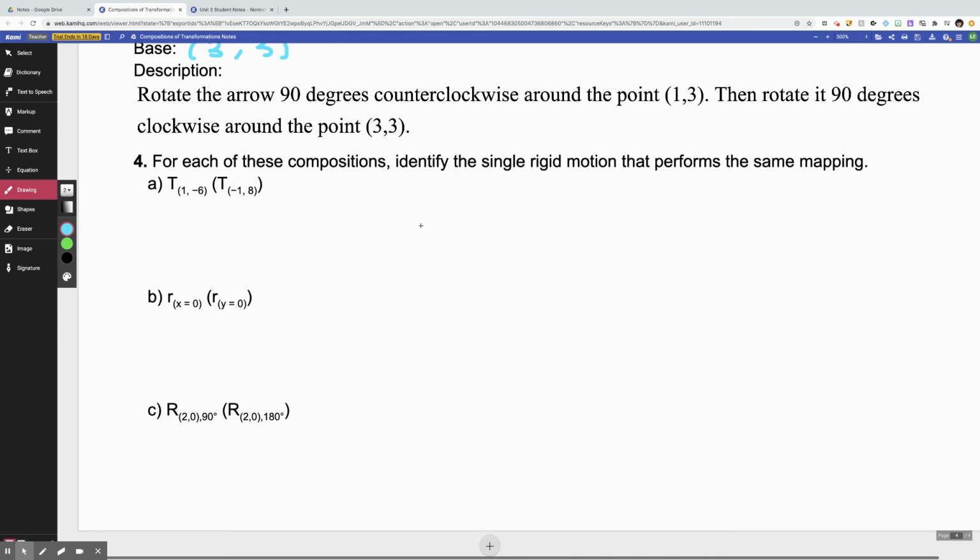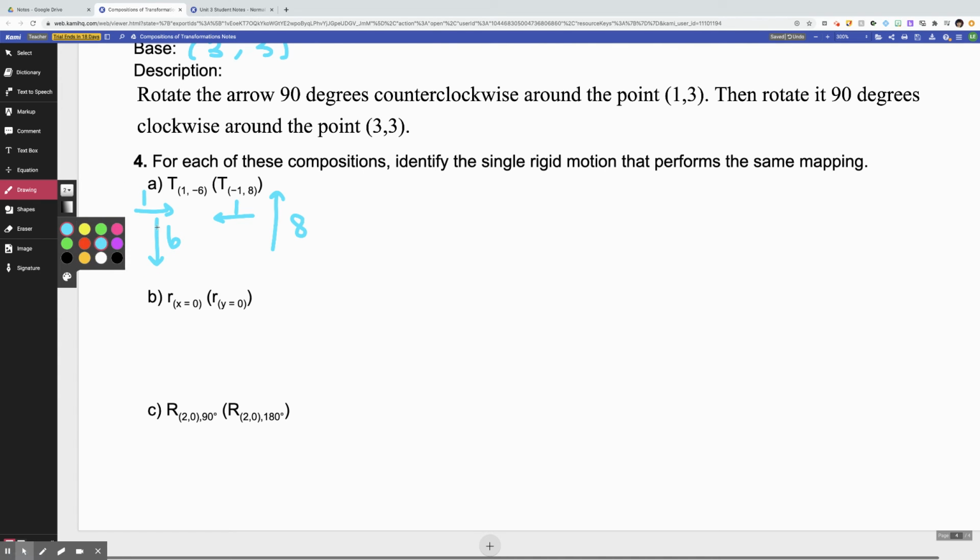Notice that in this first translation, I'm moving one space to the left and 8 spaces up. And then in this second one, I'm moving one space to the right and then 6 spaces down.